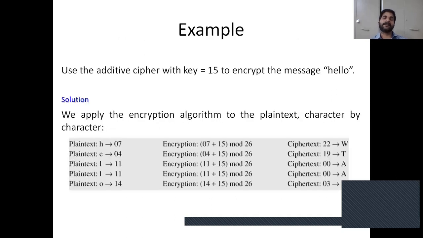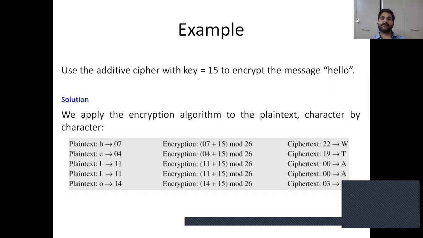As an example, we explain monoalphabetic substitution. Use the additive cipher with the key 15 to encrypt the message hello. Here the solution is given.